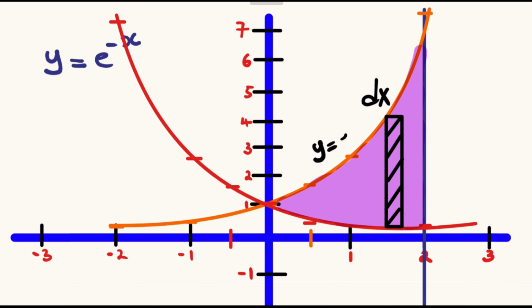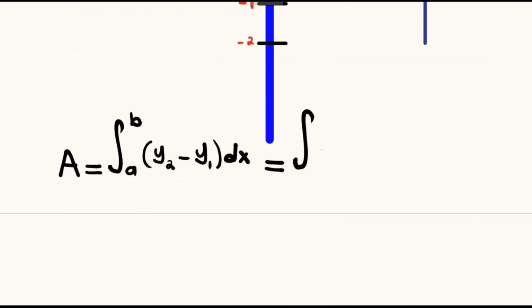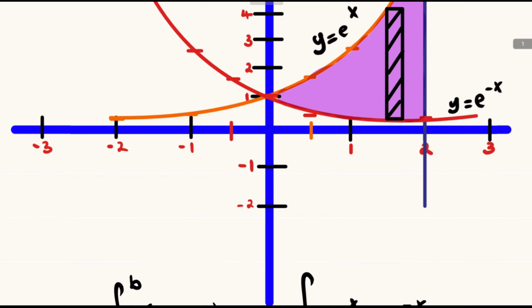The y equals e to the power x, and the y equals e to the power negative x will be our y1. So we minus the one which is at the top with the one which is at the bottom. So we have e to the power x minus e to the power minus x dx from A to B. So where does our area start?